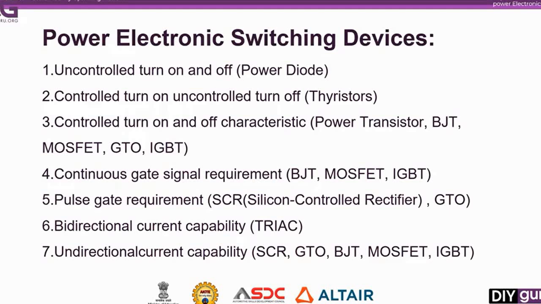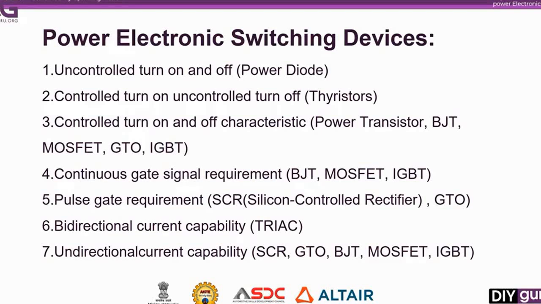Further, we can classify these power electronic switching devices according to their specific characteristics and requirements. Based on the continuous gate signal requirement, we have BJT, MOSFET, IGBT, and based on the pulse gate requirement, we have SCR or silicon controlled rectifier, and then we have the GTO or gate turn-off thyristor, which is a type of thyristor.